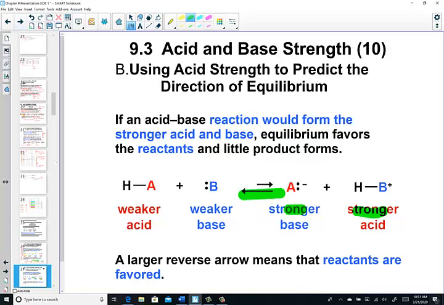That means the reverse arrow favors the reactant side. Always, always strong points towards weak. So the equilibrium is going to favor the weaker side. Stronger acids and stronger bases dissociate and form the weaker conjugate pairs.